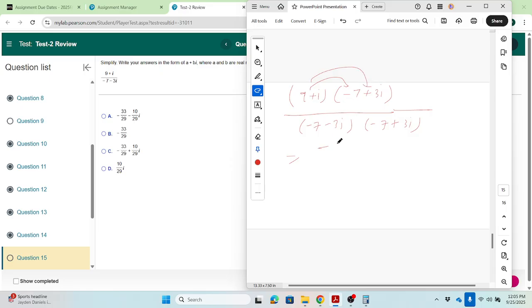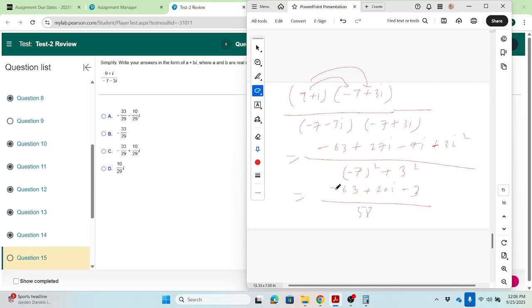That would be negative 63 plus 27i, minus 7i, plus 3i squared. On the bottom it's the square of negative 7 plus the square of 3. If you combine the like terms on the top, it's negative 63, and 27 minus 7 is 20i, and i squared means negative 3. On the bottom, 49 plus 9 is 58.